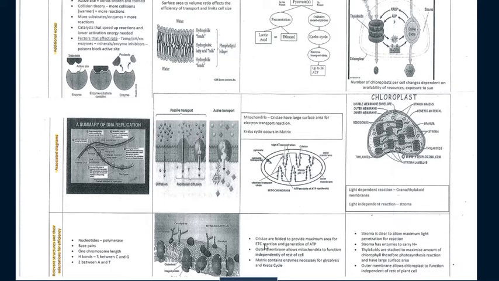We have the cristae that are folded to provide a maximum surface area for the electron transport chain reaction to generate lots of ATP. The outer membrane allows mitochondria to function independently of the rest of the cell. That's a really important point. And the last one here, the matrix contains enzymes necessary for glycolysis and the Krebs cycle.